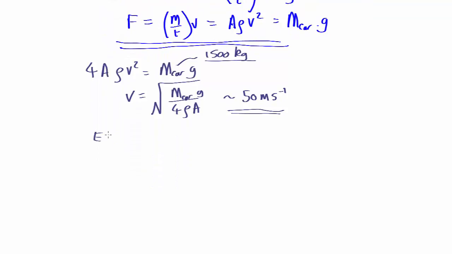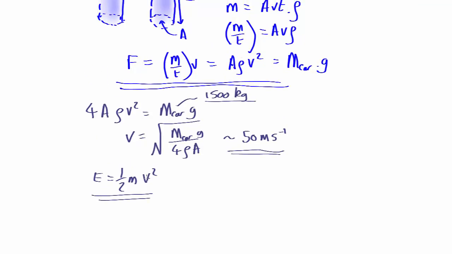Well, the energy of the gas being blown down is just a half mass of the gas times v squared, a normal equation for kinetic energy. So we've got the velocity of 50 meters per second. What's the mass? We get this from up here, so it's 4 times the area of 1. We'll do it per unit time, so a velocity of 50 times the density, which is about 1, so it's about 200 kilograms per second.